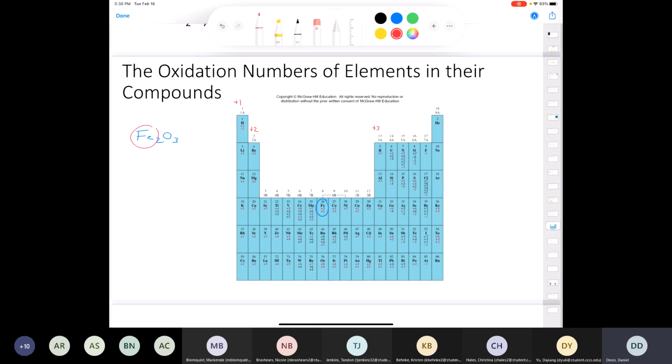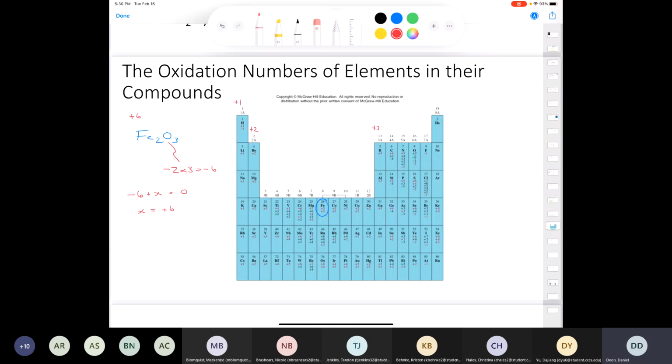So if I want to figure out if this iron is +2 or +3, I start working with my oxygen. The oxygen is -2. There's 3 of them. That gives me -6. Now the overall charge of Fe2O3 is 0, so -6 plus x equals 0. So x is equal to +6.